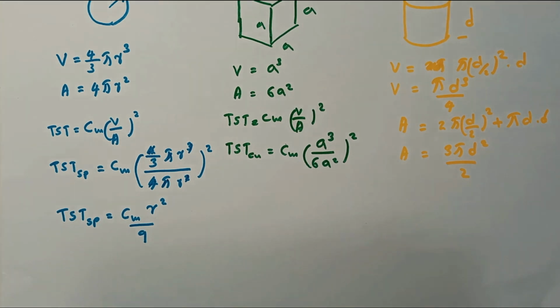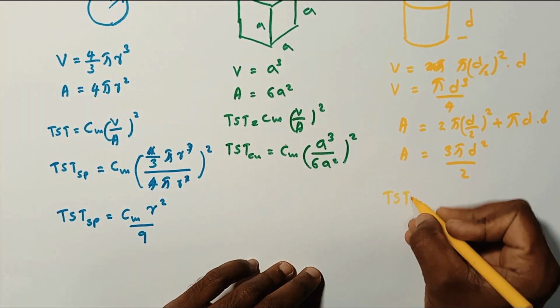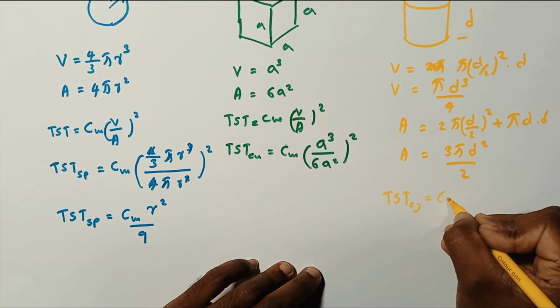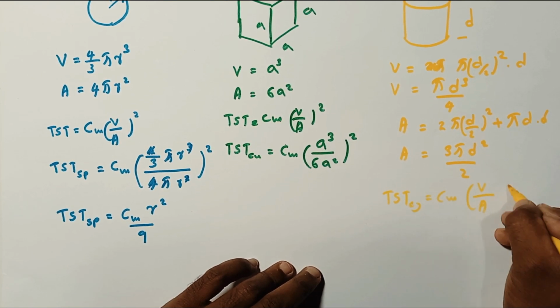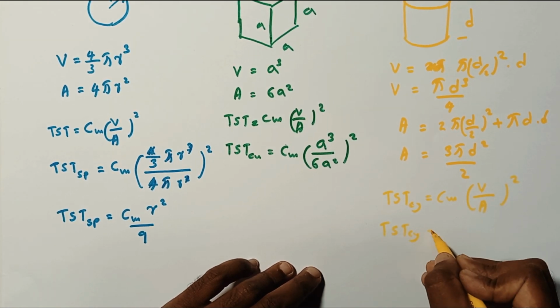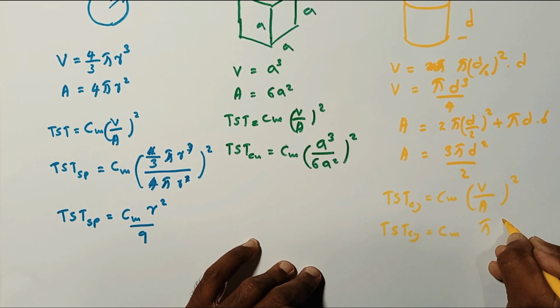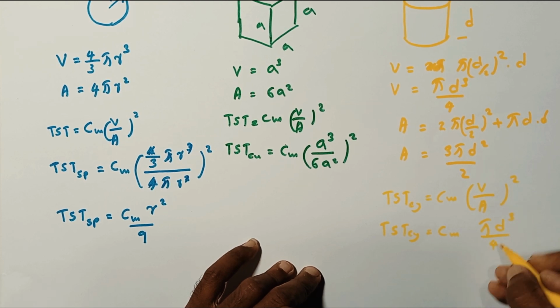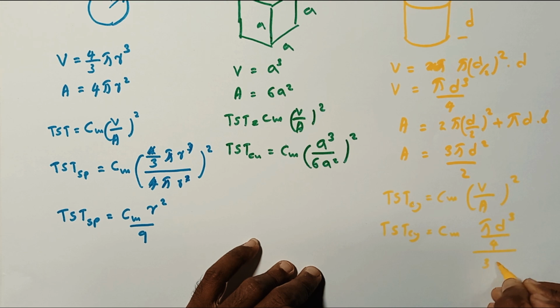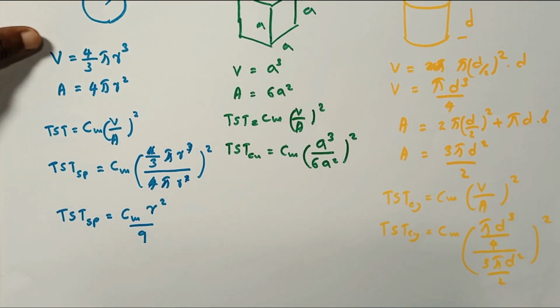Okay, then next we are going to apply this rule to the cylindrical shape. Total solidification time for a cylinder is equal to Cm into V divided by A, whole squared. The volume is πd cubed divided by 4, divided by the area 3πd squared divided by 2, whole squared. Let me simplify this expression.